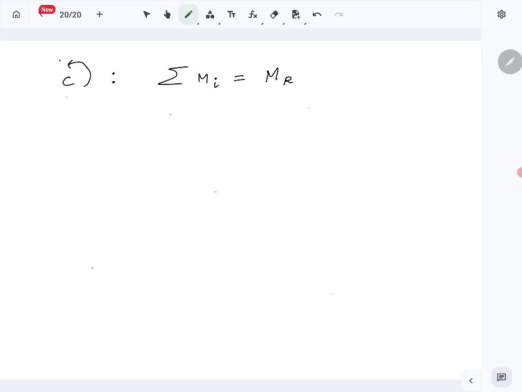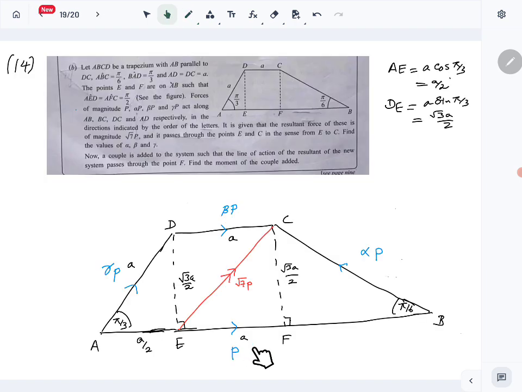So P times root 3A over 2. Then this force is done. The only force left is gamma P. So gamma P is going clockwise, so that is a negative moment. So what is the perpendicular distance? Just extend the AD line and BC line.